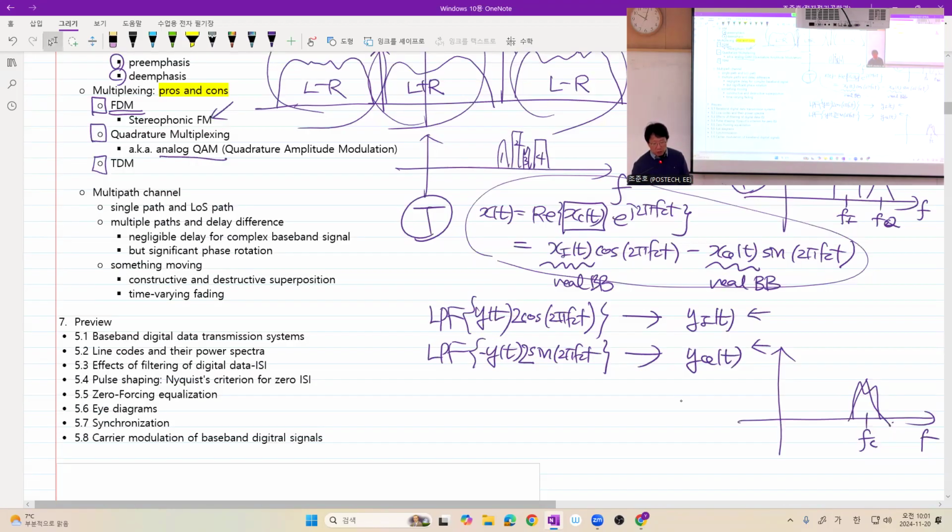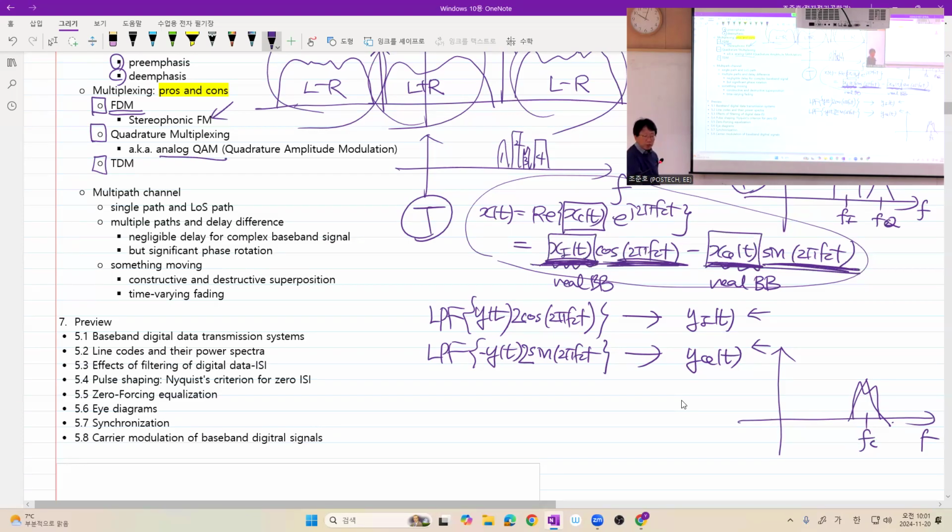Because in the in-phase component and the quadrature component, you modulate only the amplitude of this carrier and of the quadrature-phase carrier. That's why people also call it analog QAM.